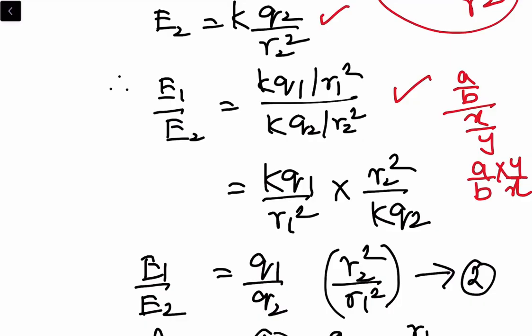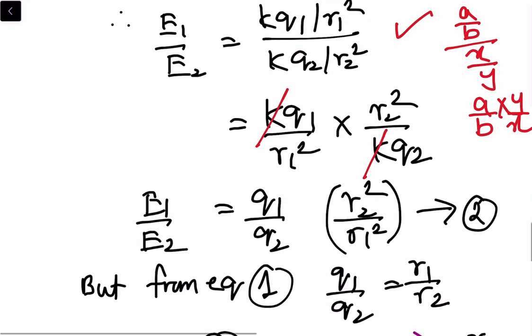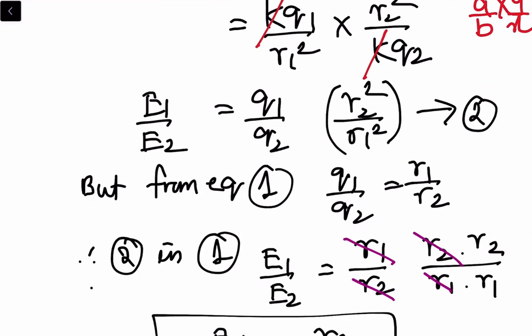Once again you can cancel out K and K, and then if you solve it, you will get E1 by E2 is equal to Q1 divided by Q2 and R2 square divided by R1 square.